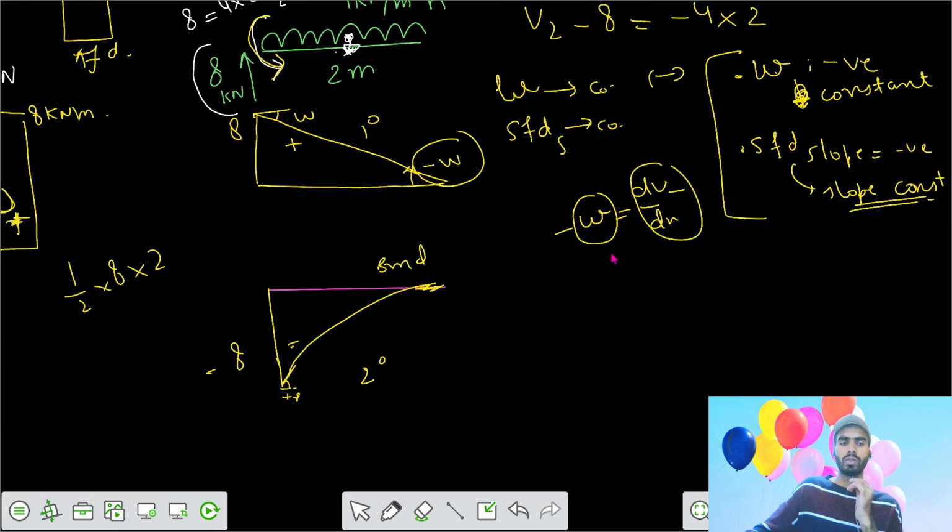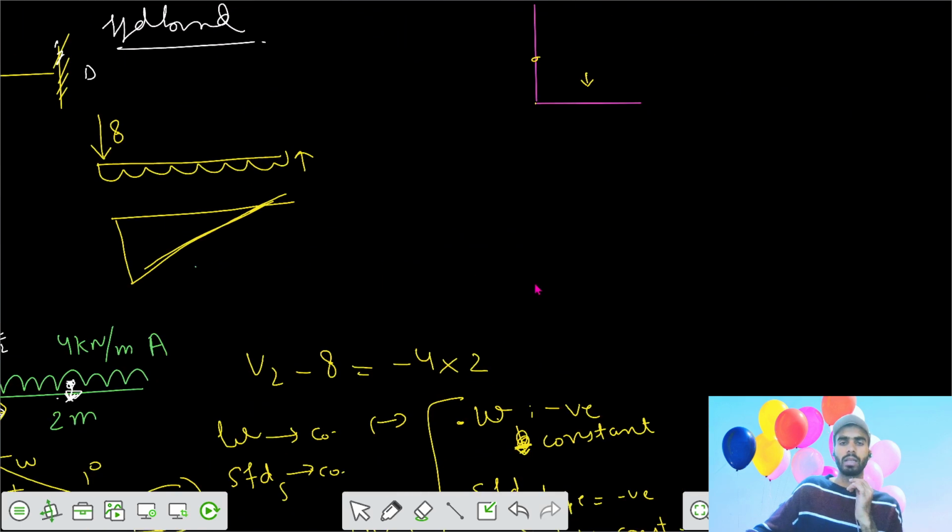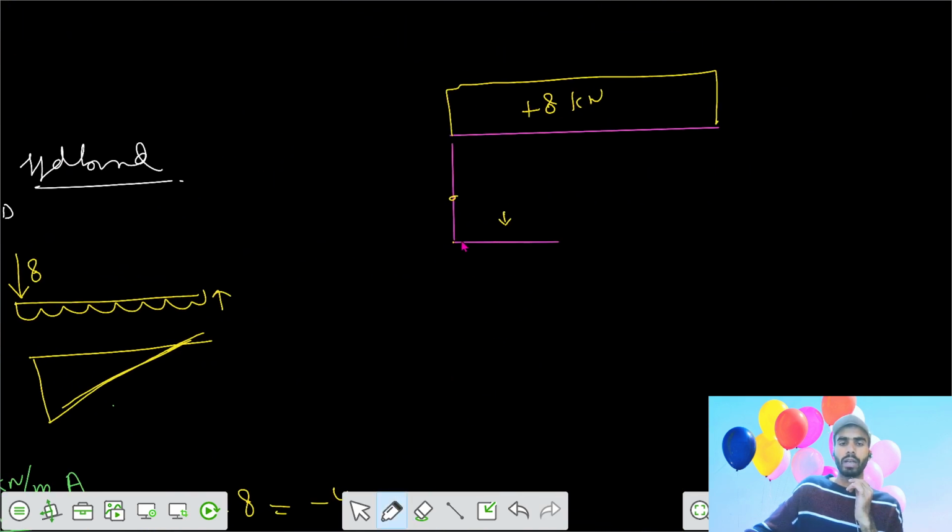We got the value as a positive diagram, but we can show it in the downward direction, but its value is positive. That is to make the confusion clear, whether we should make a diagram upwards or here, but you just have to mark it positive or negative.